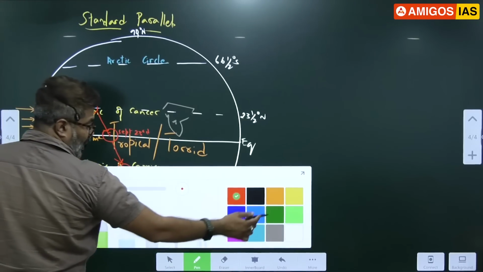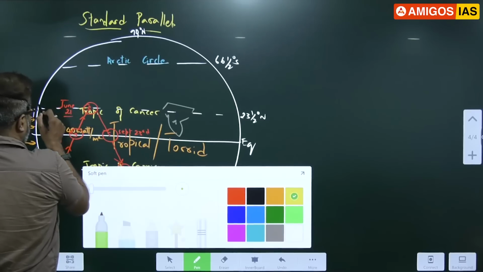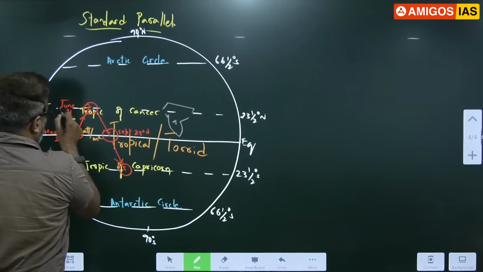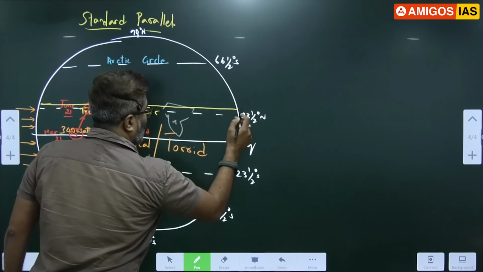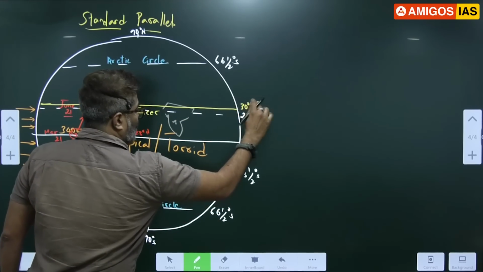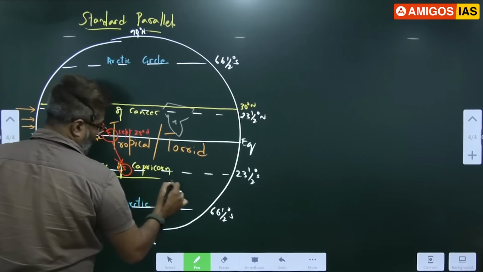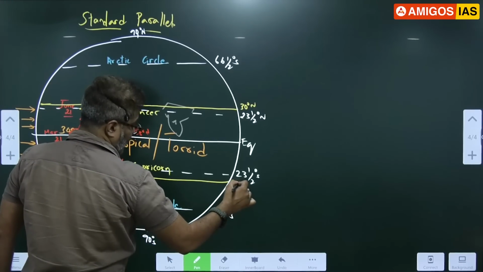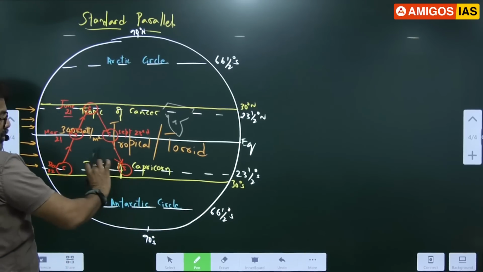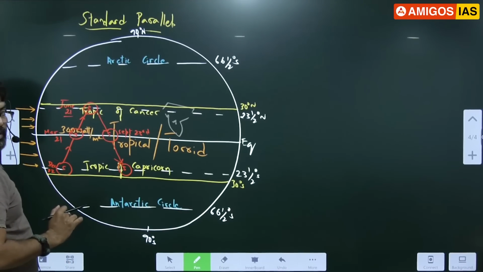All of us here, I'll draw one more line. This line. Here, 30 degree north. Small belt. Here also, 30 degrees south. Small belt. Okay.